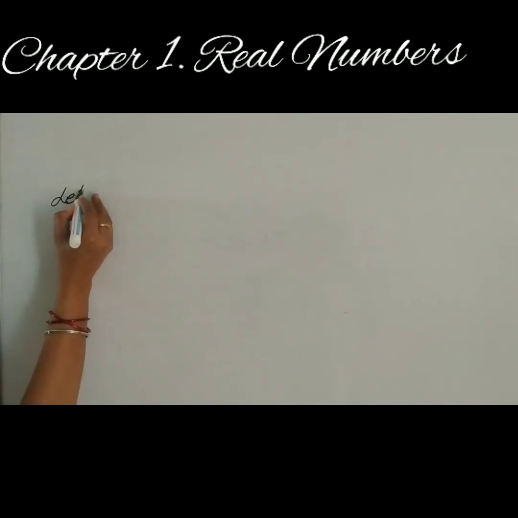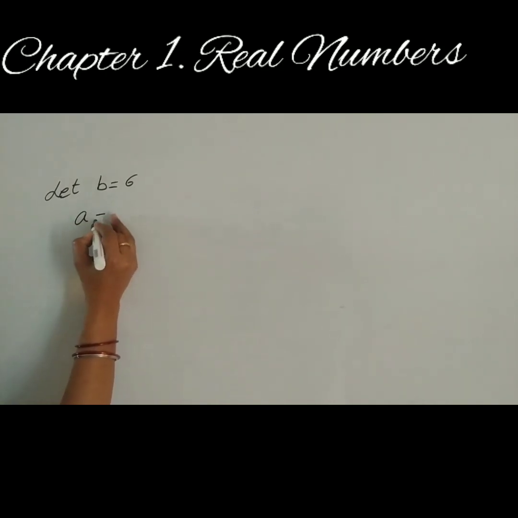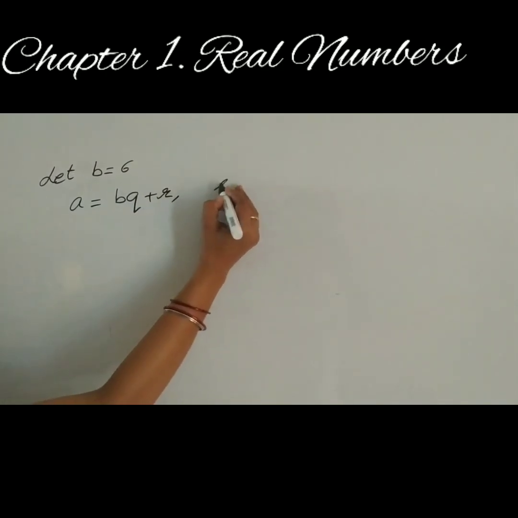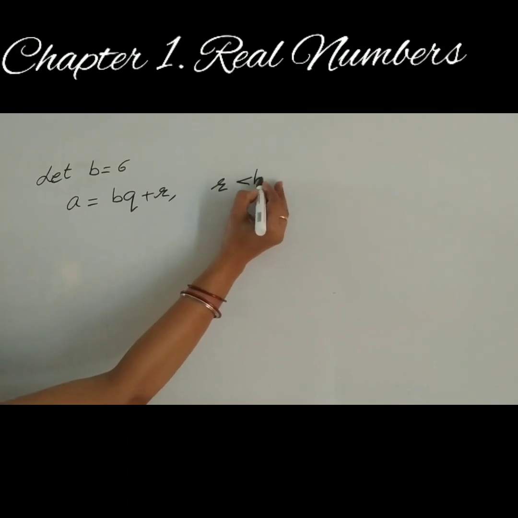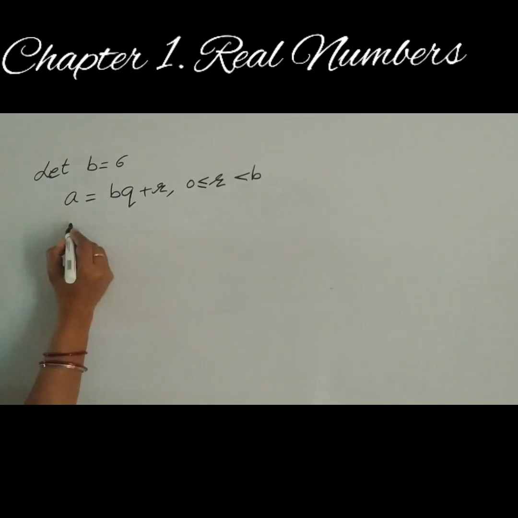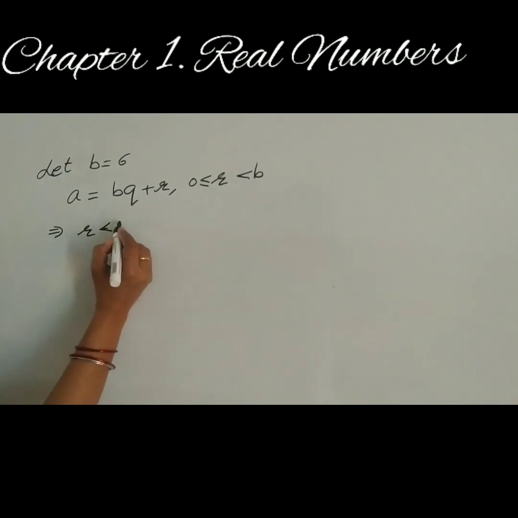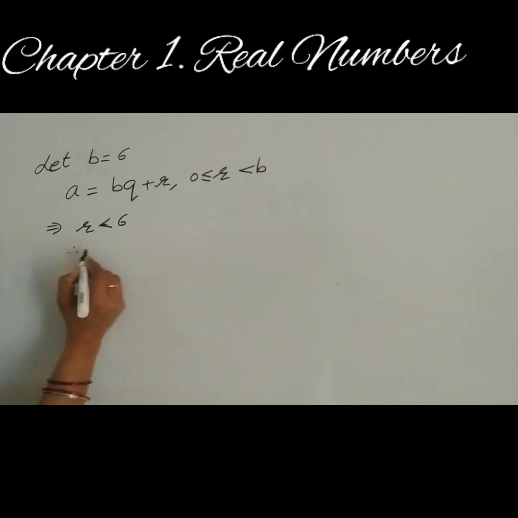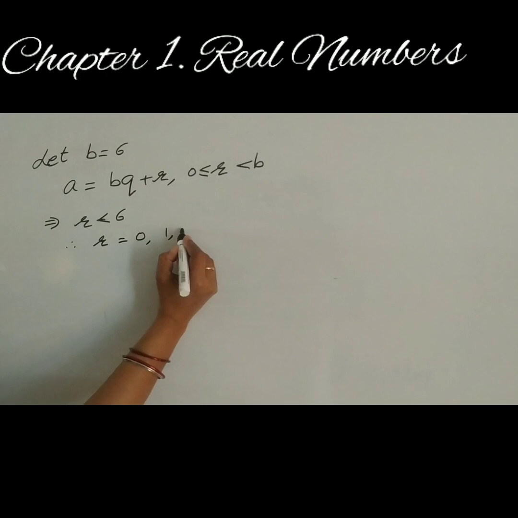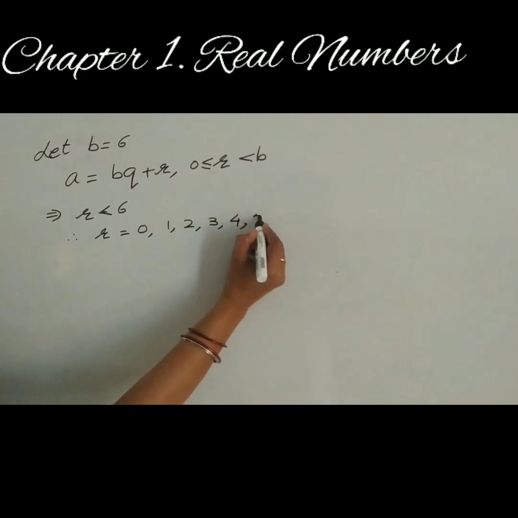Let b is equal to 6. Since in this condition a equal to bq plus r, r should always be less than b and greater than or equal to 0, it means r can have values less than 6. So therefore r can be 0, 1, 2, 3, 4 or 5.